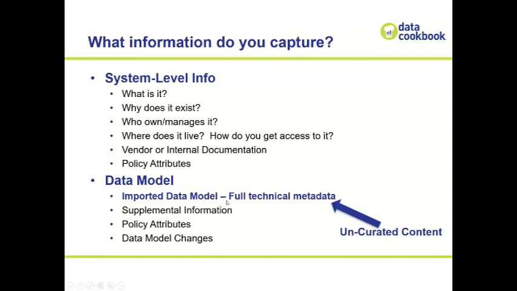That brings in an enormous amount of content for people to use for understanding your data. The rest of this is curated information and requires people to fill it in. This is a little easier to do at the system level, and a little harder and more time-consuming further down. But if you can get this stuff in, it really can set the path for a great, rich inventory.